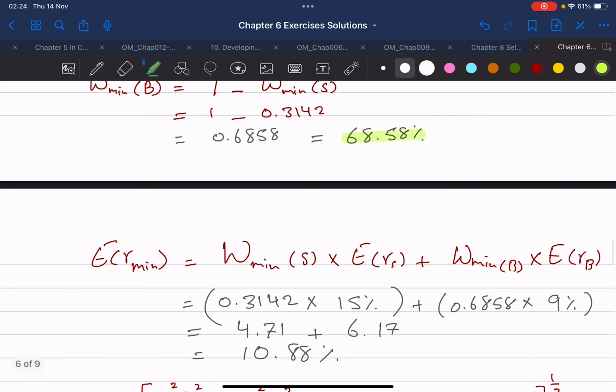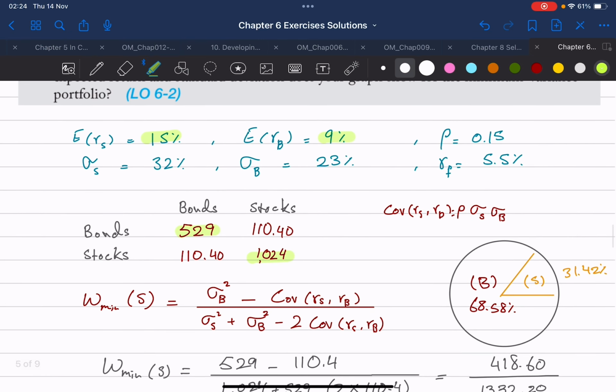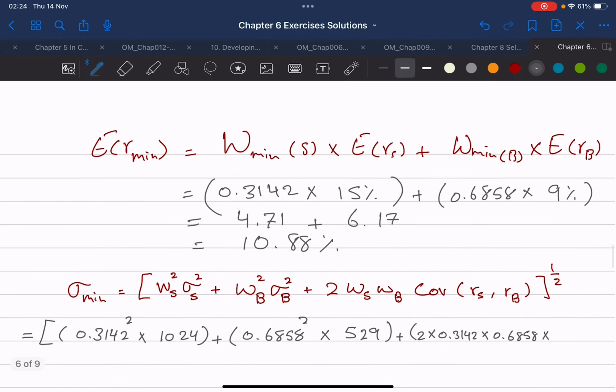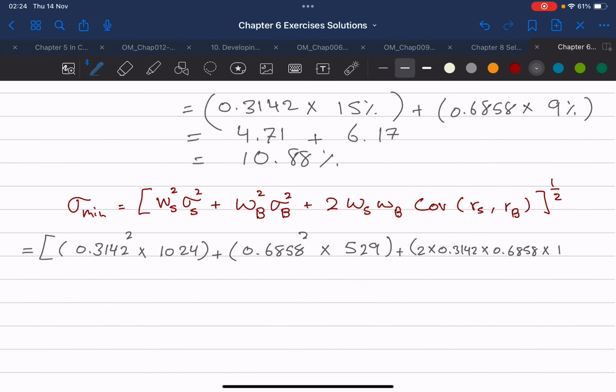Also, we calculated that in our matrix, so 110.4, all to the power of 1/2.